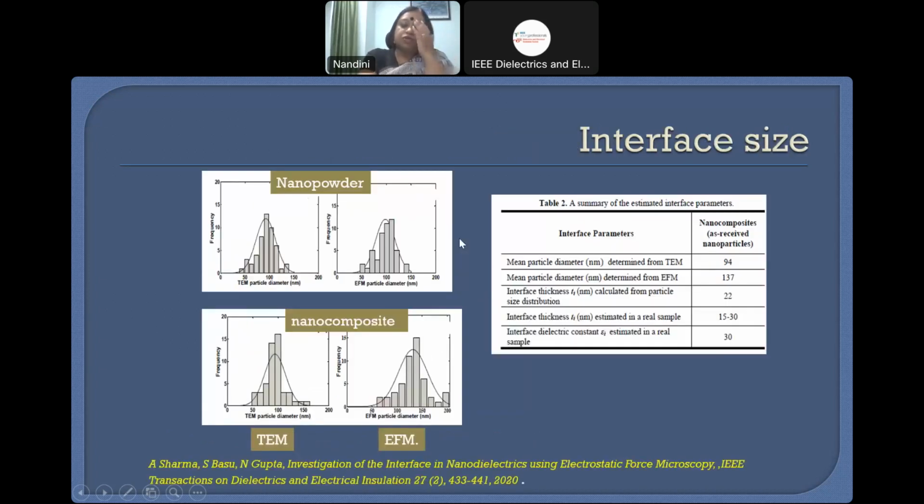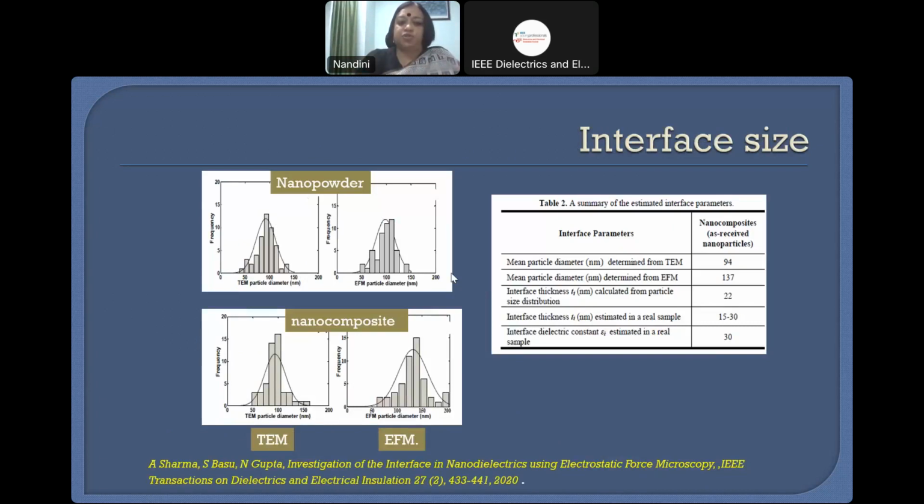Now, to validate this, one more thing was done. We took the nanoparticles in the powder form and the nanoparticles in the composite, and we did a TEM analysis and an EFM analysis of both. When you're doing a TEM analysis of the particle in the nanopowder form, nothing changes.